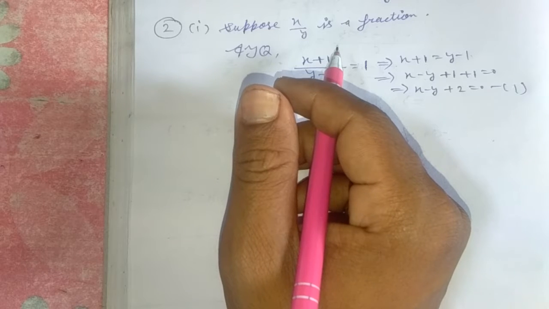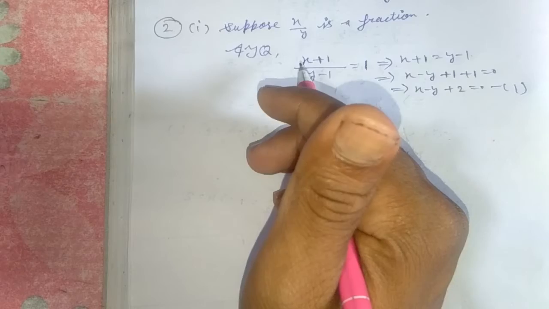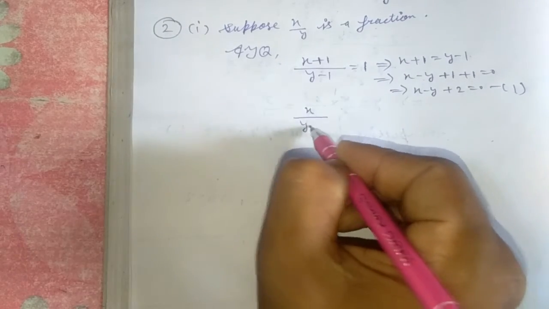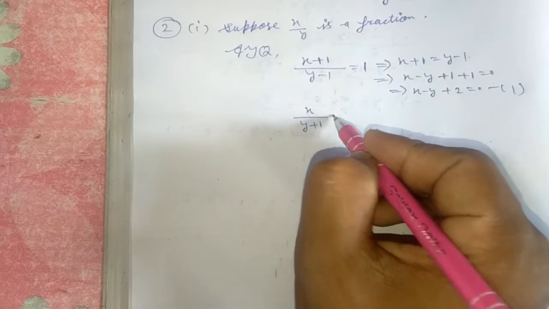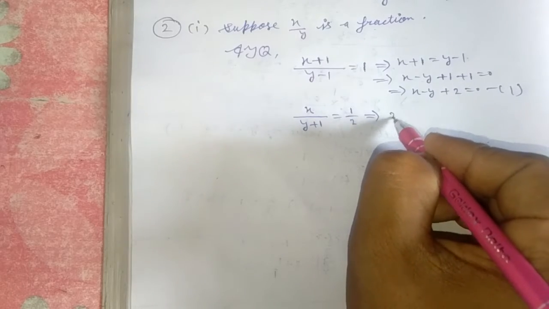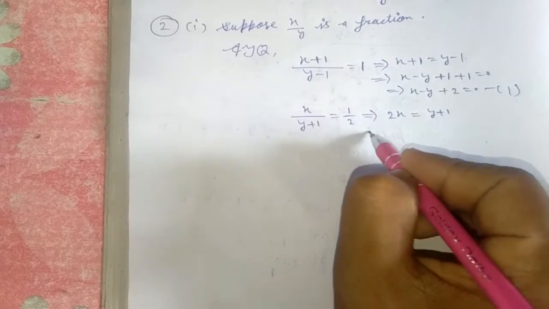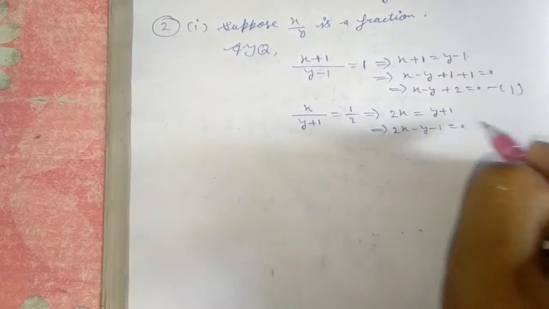Again, the second condition says that if we only add 1 to the denominator, it becomes 1 upon 2: x upon y plus 1 equals 1 upon 2. Do cross multiplication, we get 2x equals y plus 1. This implies 2x minus y minus 1 is equal to 0.